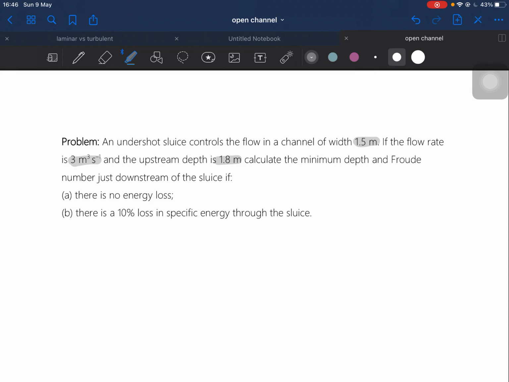So they ask us to calculate the minimum depth and the Froude number. So we need to find two things with two conditions. The first condition they're giving us is no energy loss, and the second condition is a 10% fraction, the H over HA in the specific energy through the sluice gate.